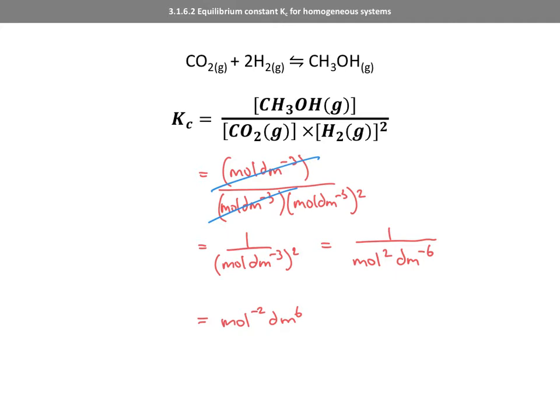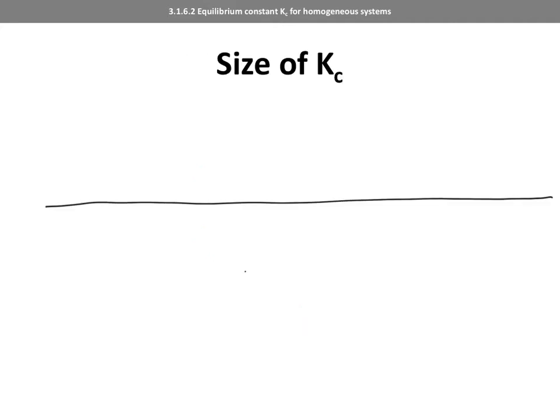Now, what does Kc tell us? Well, remember, Kc is an outcome of a mathematical expression which has a numerator and a denominator. So if Kc was approximately 1, what that would tell us is that the numerator and the denominator were the same size.